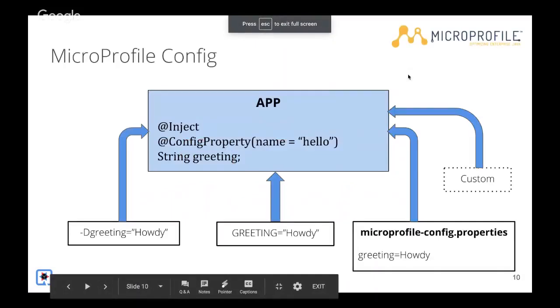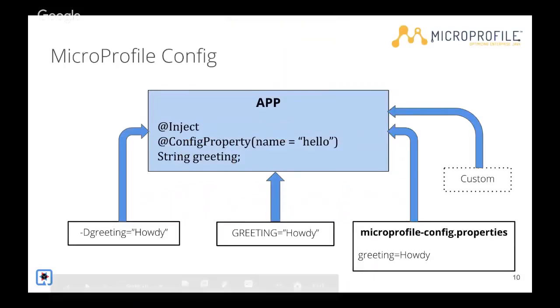And talk a little bit about MicroProfile Config. A good microservices development style, kind of a 12-factor app, is you want to externalize your application configuration. And you could do that with MicroProfile Config, where you can inject the value of a property into your application. Behind the scenes, there are multiple property sources, config sources.